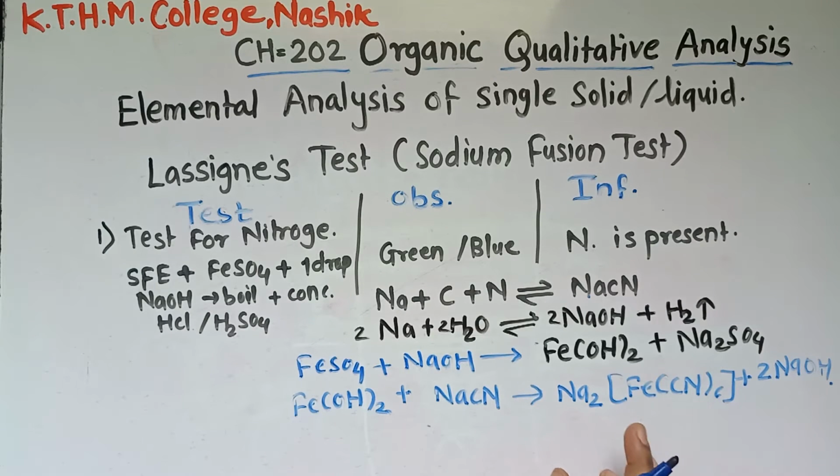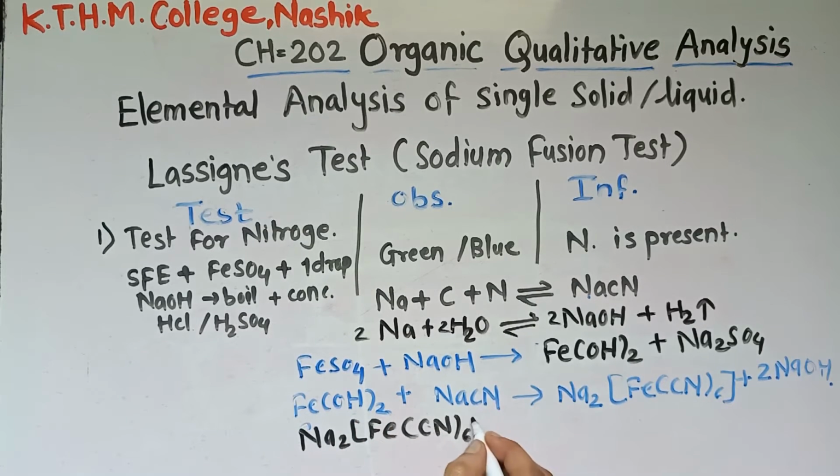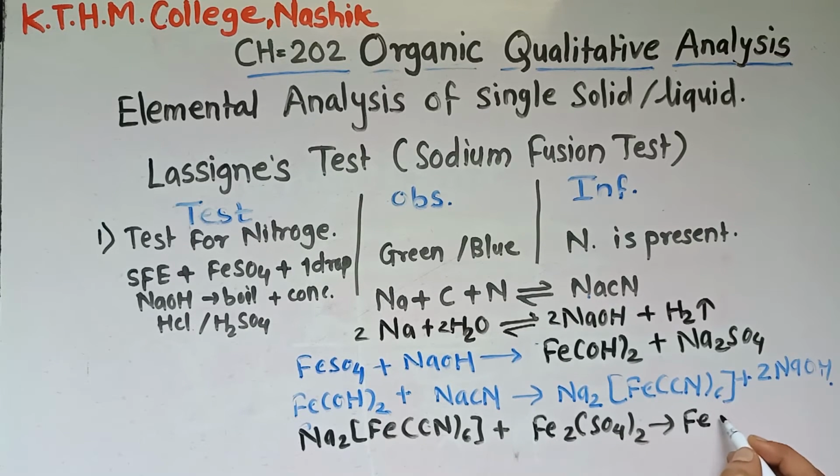This complex is formed, and this Na4Fe(CN)6 complex reacts with Fe2(SO4)3 and forms a complex, Fe4[Fe(CN)6]3, which shows a blue color, or Prussian blue color, and this shows that nitrogen is present.